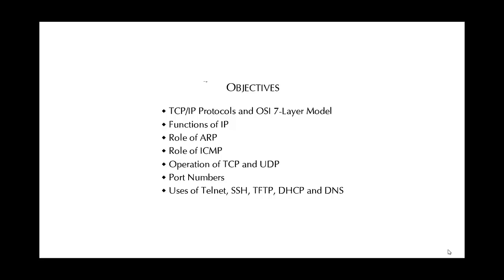Right at the top is the application layer. We describe only those protocols that are relevant to those aspects of the configuration and management of routers and switches covered by this course. These are telnet, SSH, TFTP, DHCP and DNS. However, an important concept at this layer is that of port number, which is used to identify applications.